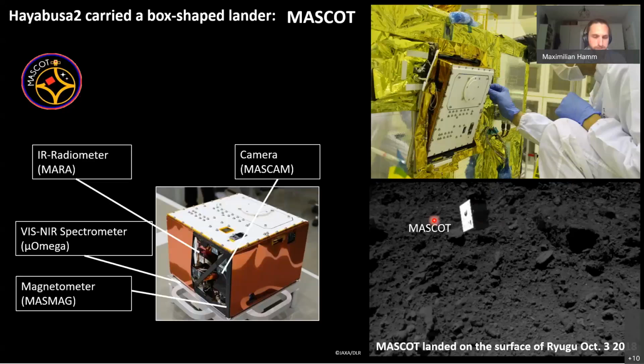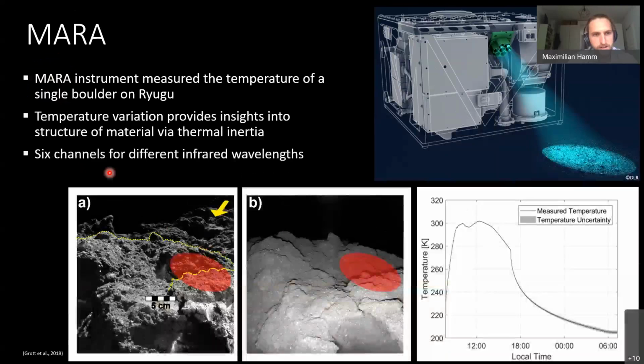The lander also carries 4 instruments: a camera, a spectrometer, a magnetometer, and the instrument that I work with, an infrared radiometer called MARA. With this instrument, we measure the temperature on the surface, and we measured the temperature of a single individual boulder on Ryugu.